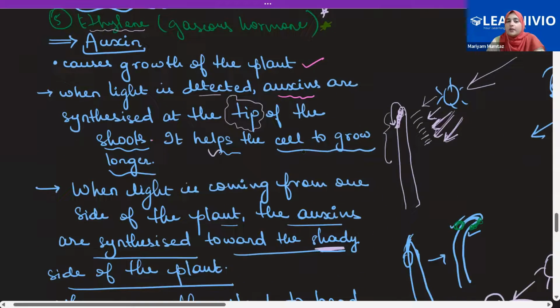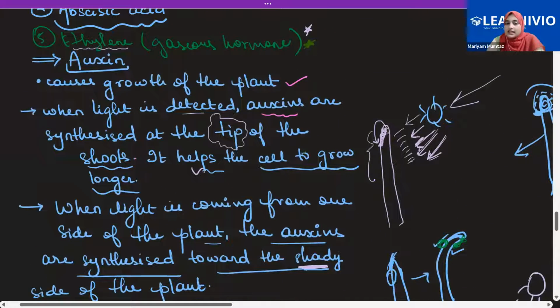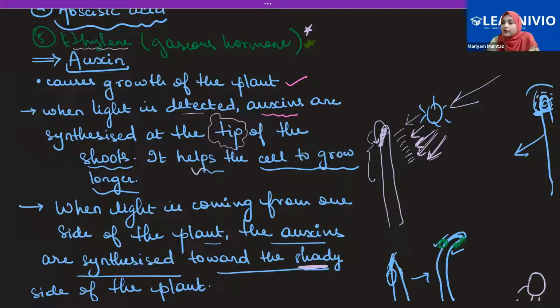Now, when we talk about auxin, it is mostly important whenever the length of the plant is concerned. So for growing the plant in terms of its length, auxin is extremely important. It causes the growth of the plant. Mostly it is synthesized at the tip of the plant.